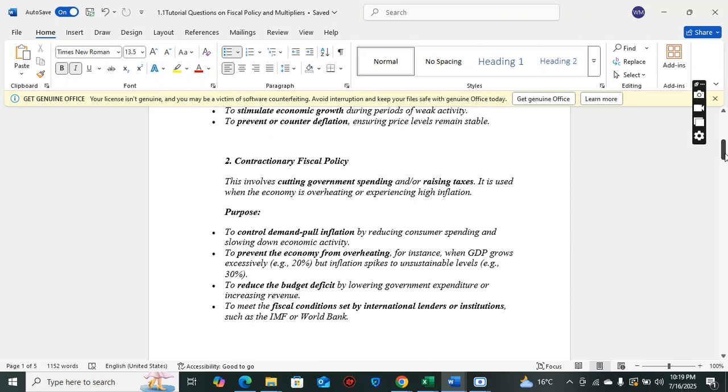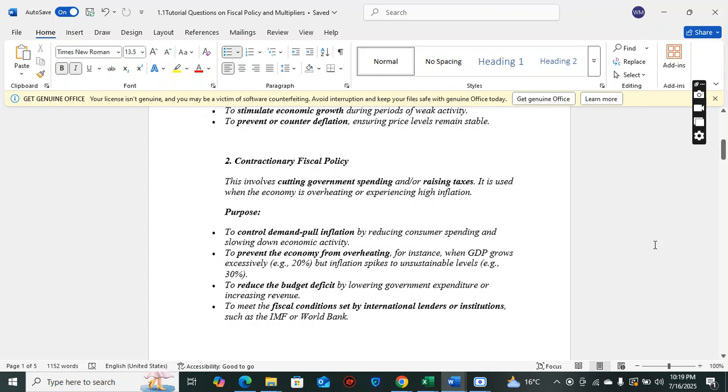So the reasons why government will implement a contractionary fiscal policy: number one, to control demand pull inflation. The problem about inflation is the more people spend, the more prices go up. Initially, when prices are going up and people are spending more, businesses will be influenced to produce more.